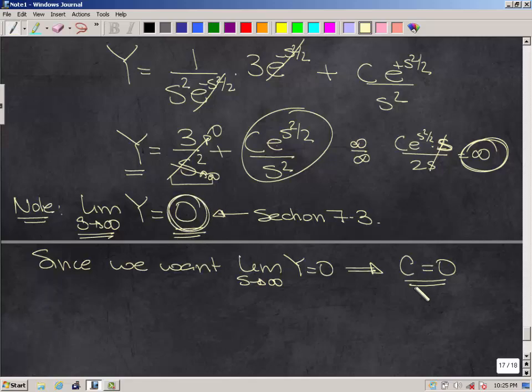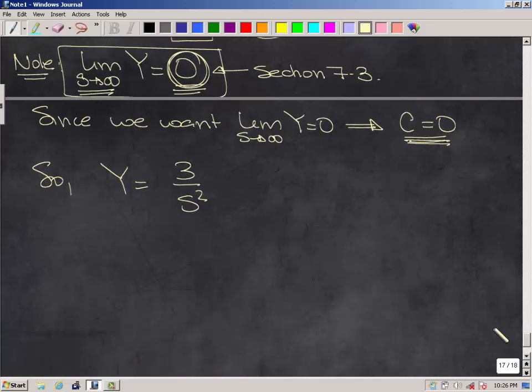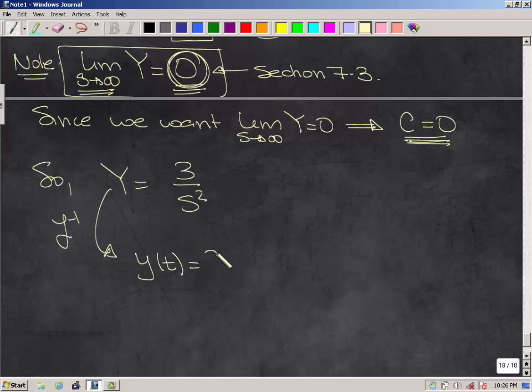So we got forced to take c to be 0. So my big Y becomes what now? 3 over s squared. So we're just using this property of Laplace transform to recognize that we are forced to take c to be 0. Now that we have that, we can take inverse Laplace on both sides. So big Y becomes little y of t, and this just becomes 3t. There's your solution.